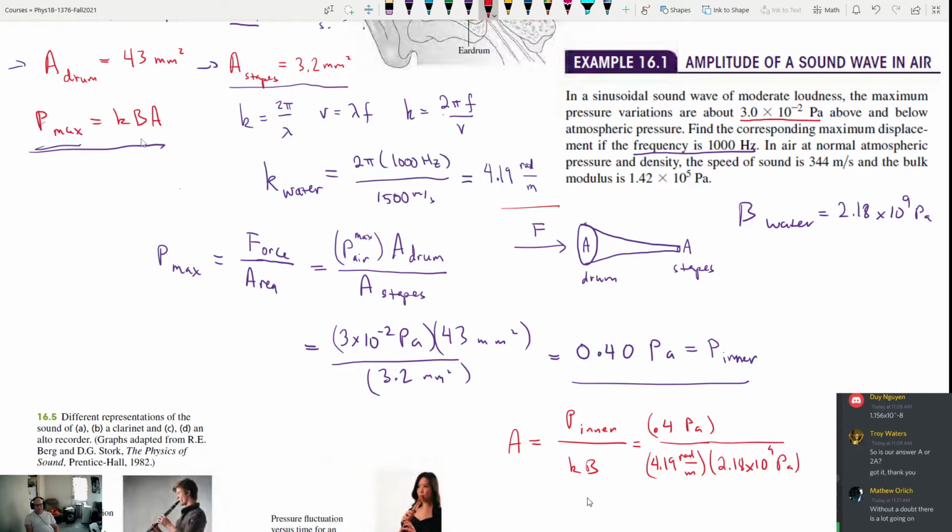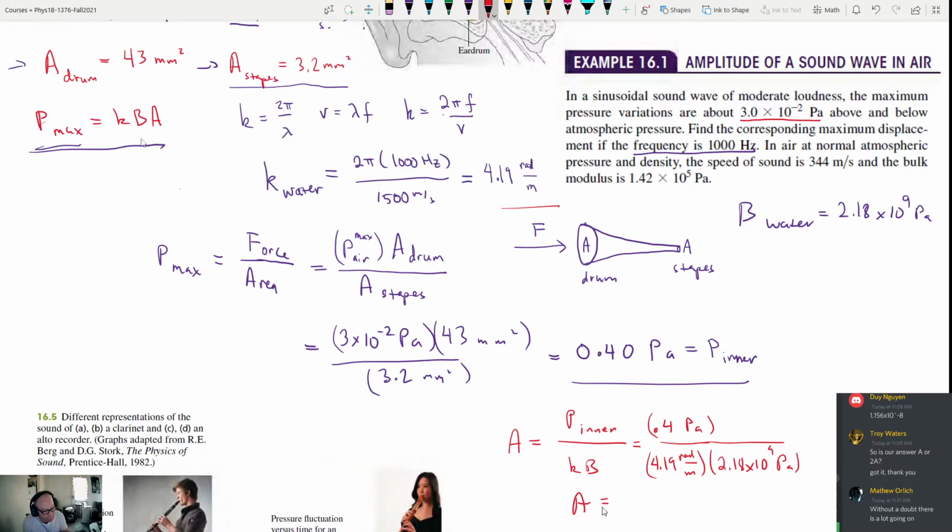Still on the screen, which is good. We calculate this, we're going to get 4.4 times 10 to the minus 7.